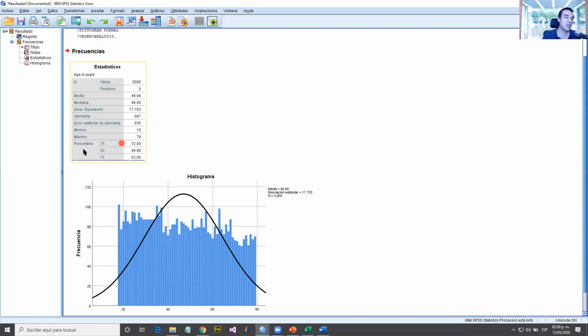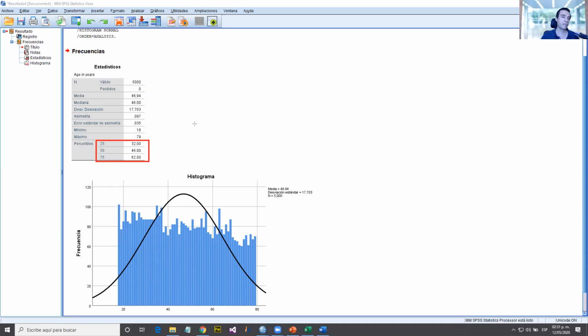Even though it says percentile 25, it is Q1, I mean the first quarter, the second one, and the third. So these are the ones. Let me highlight them. Okay, so those are the quartiles. Everyone can see it? Yeah.